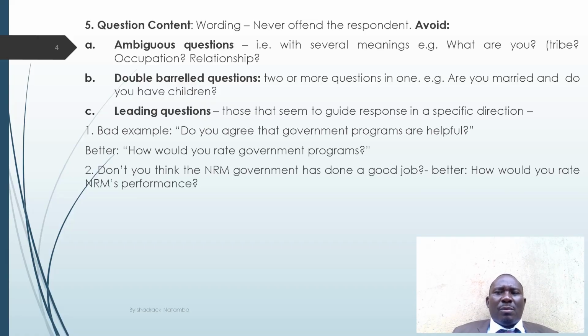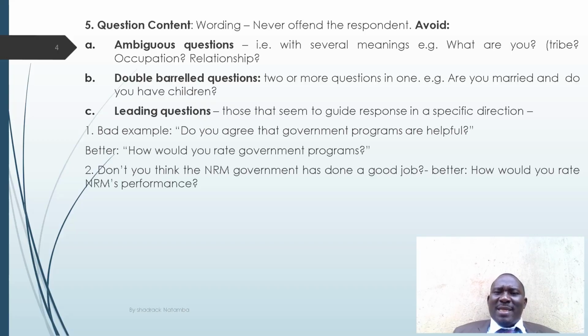For example, who are you? Or what are you? Are you trying to find out education levels, the tribe, the relationship, or what this person does in terms of occupation? So it's important.